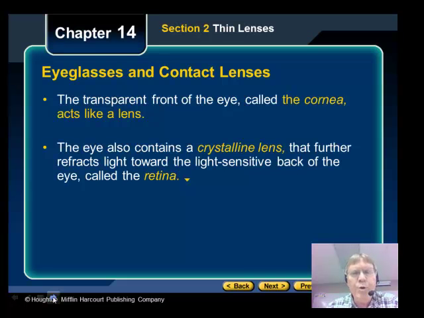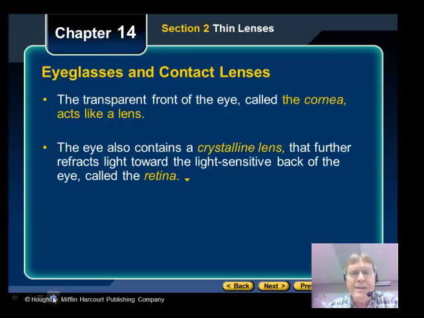We can transplant lenses into people's eyes. Some people, if they have cataracts, which is a clouding of the lens of the eye, can have the lens replaced, but it no longer functions like the original lens.